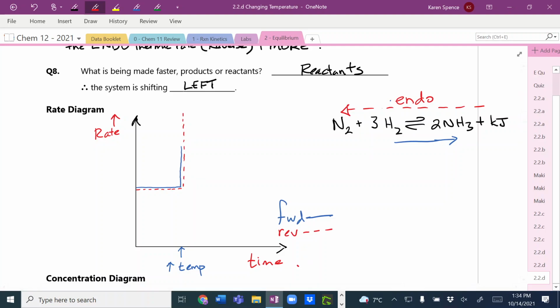That was our stress, both rates increase. Now what happens? They shift, and when they start shifting, it should be a curve, and the slope should be steep at the beginning, and then it becomes more and more shallow until eventually it is flat.